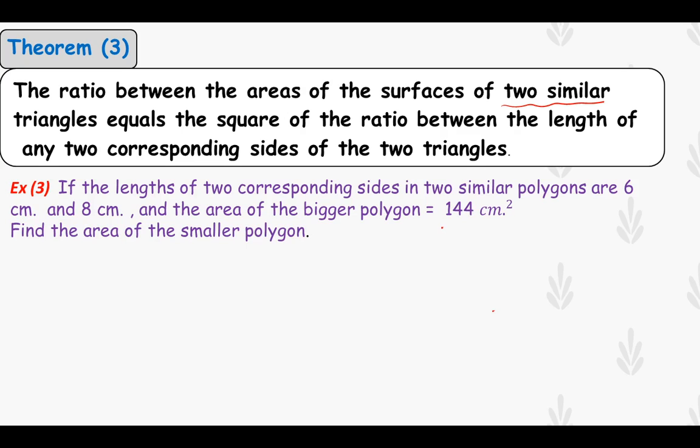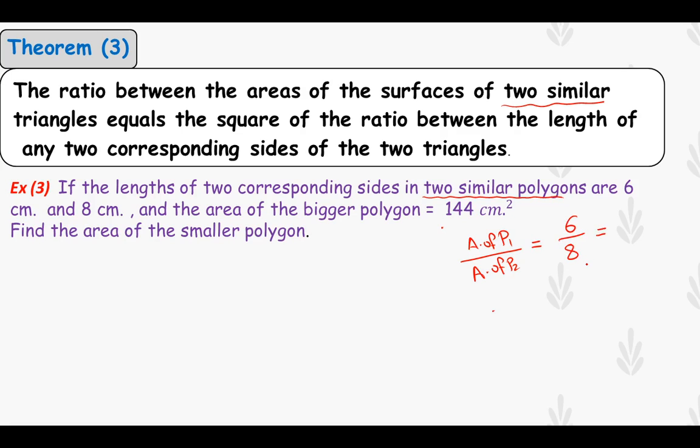Here we have two similar polygons. So the ratio between the area of polygon 1 over the area of polygon 2 is equal to the ratio between two corresponding sides, and the corresponding sides are 6 over 8, all to the power of 2.